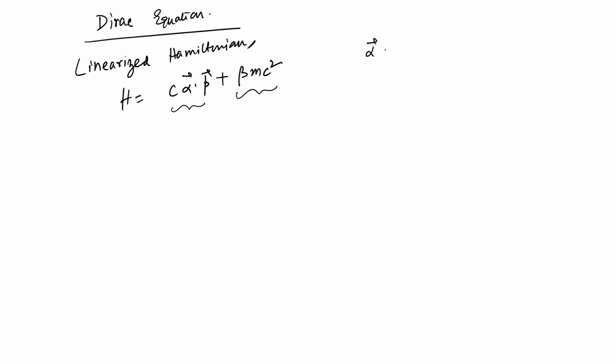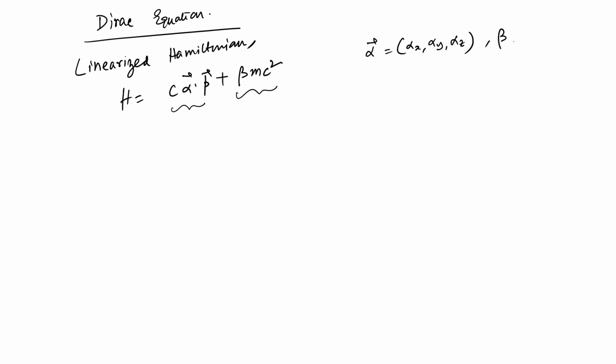Alpha and beta, they are matrices. Okay. And we do not know the rank of the matrix, neither do we know the form of the matrix, but they are matrices for reasons that we are going to tell you right away.